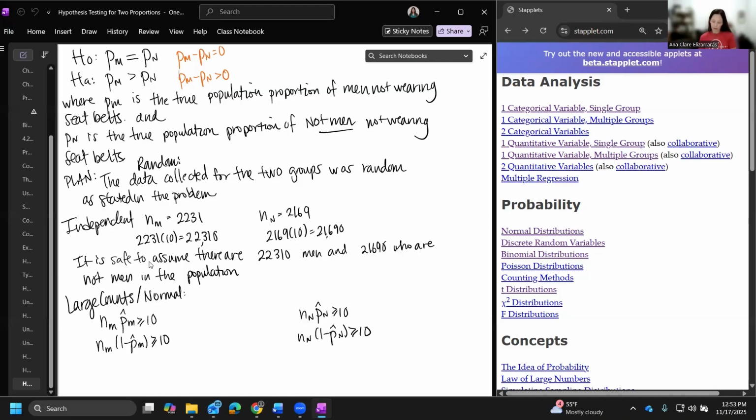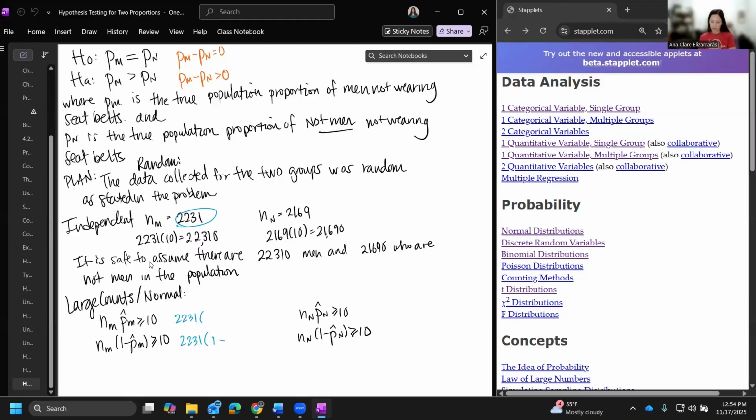We were told that there were 2231 in the sample size for, let me do it in a different color so you can see. Let's say blue. So N of M above was 2231. So 2231 times. Now we need how many successes there were.